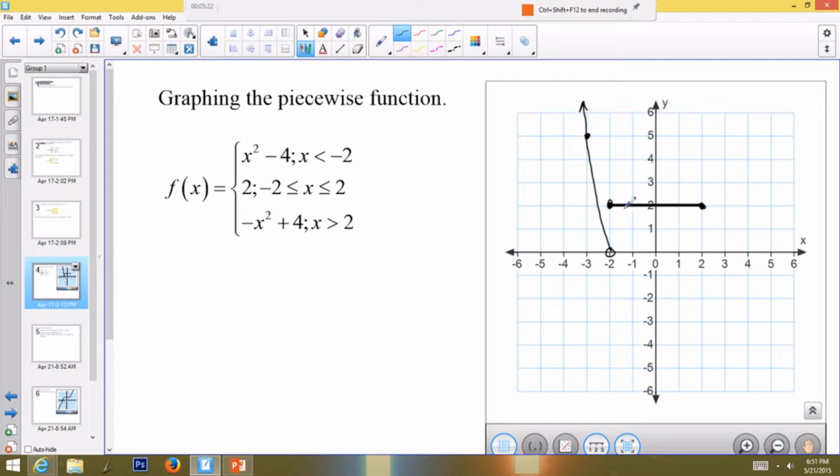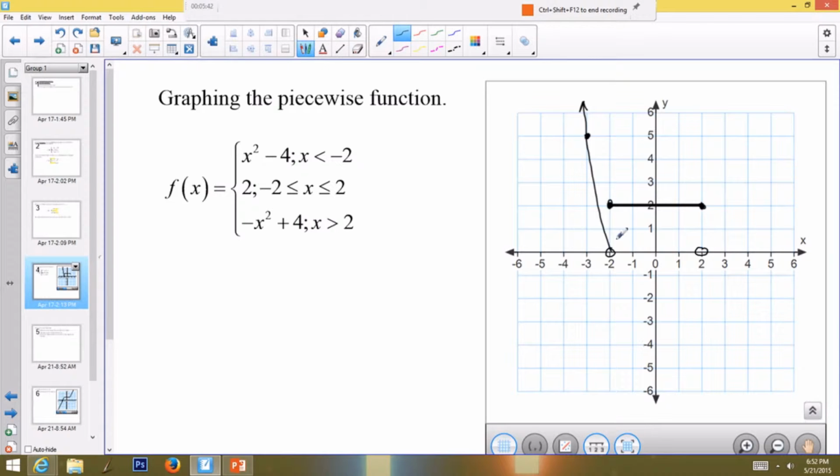We're going to have to graph all of these points where you change from one piece to the other piece. So when I plug positive 2 in, positive 2 squared is 4, make it negative, negative 4 plus 4, I'm going to get 0 again.